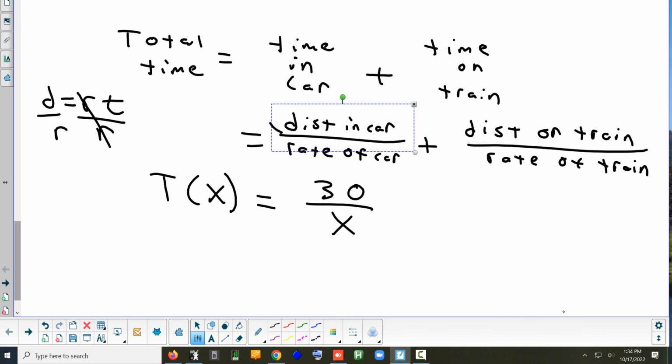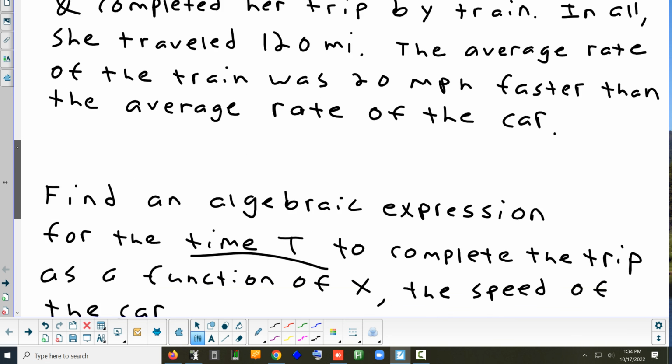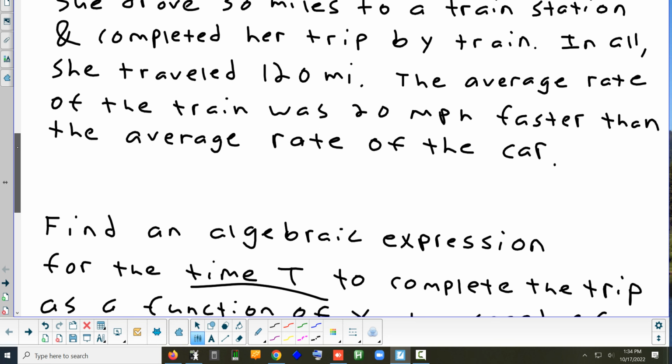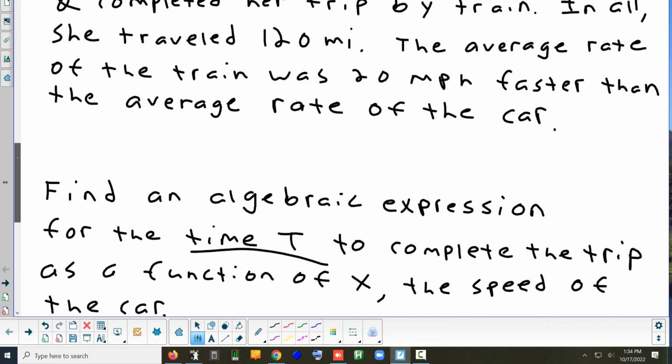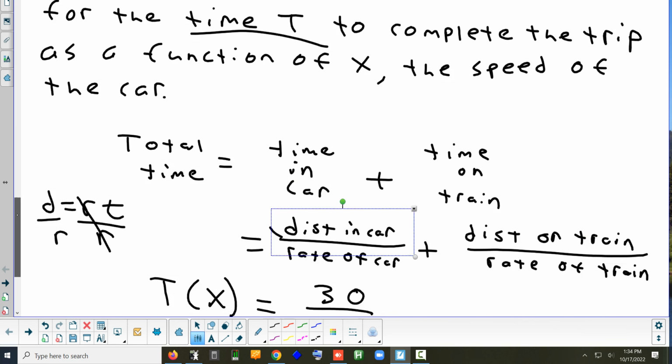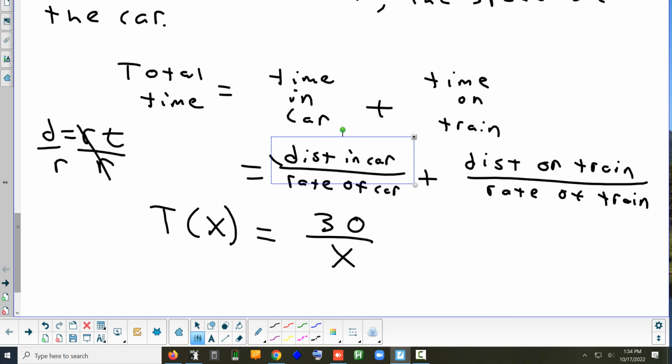How about the distance on the train? They didn't tell us that, but we can figure it out. How'd you get 90? Just subtract the 30 from the 120, because we know 120 is the total. And we already know she did 30 in the car. So we got the distance on the train. What about the speed of the train?